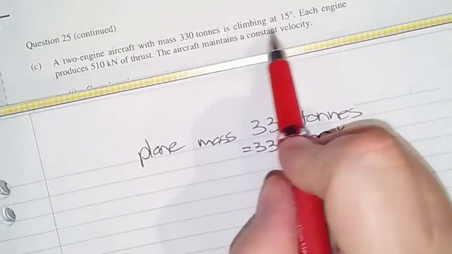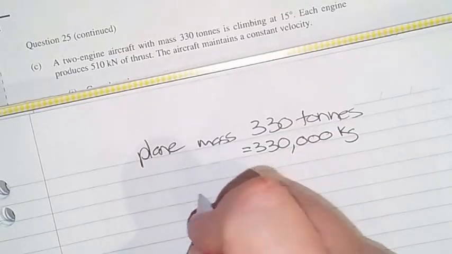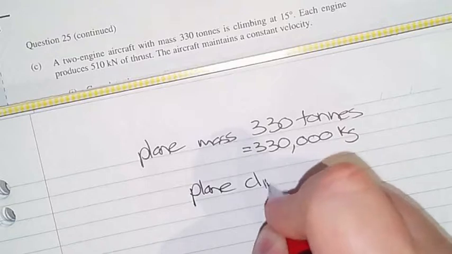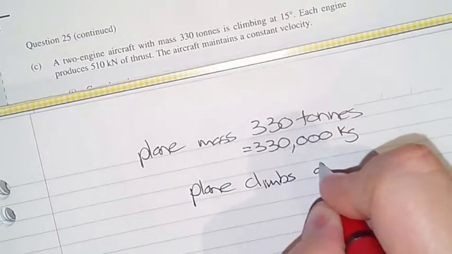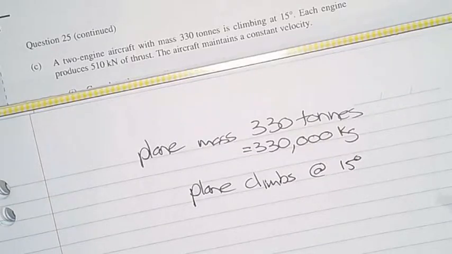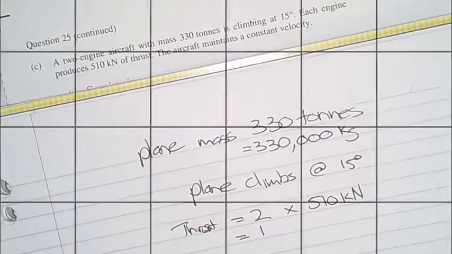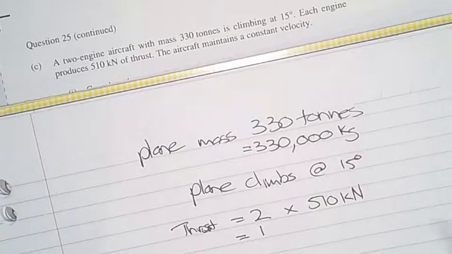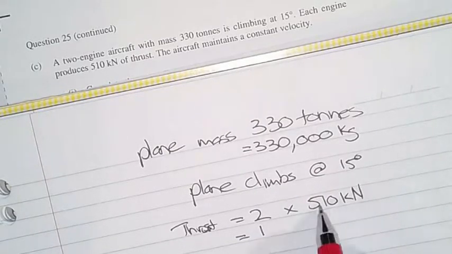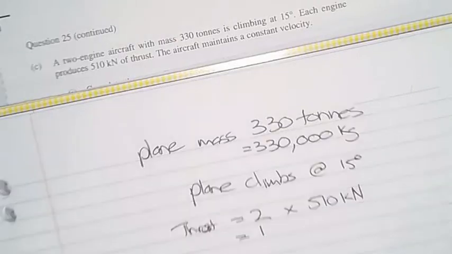We know it's also climbing at 15 degrees. So the plane climbs at 15 degrees. We're starting to understand the scenario here. Okay, so I'm looking here. We have thrust, which we have 2 engines, and they're both at 510 kilonewtons.